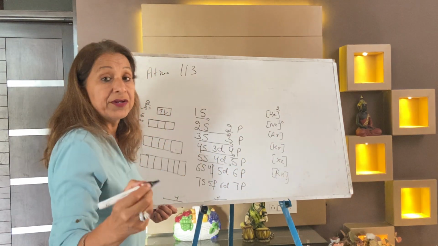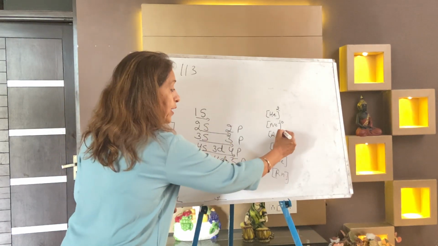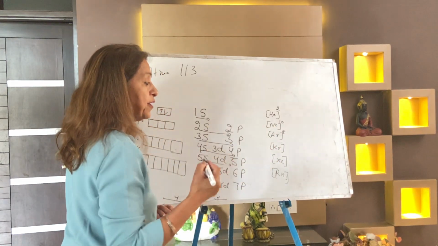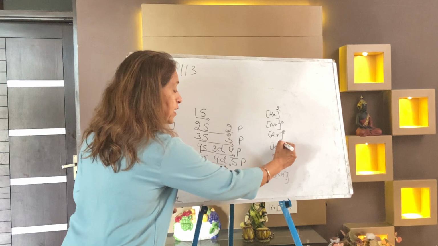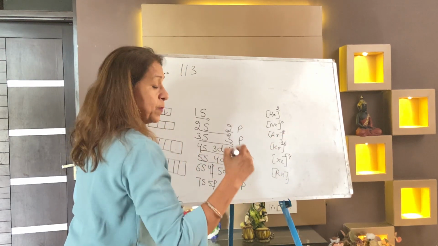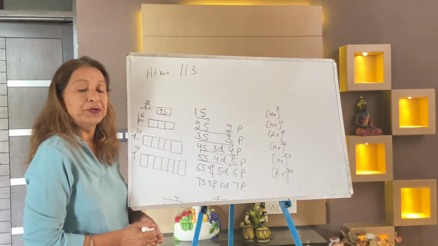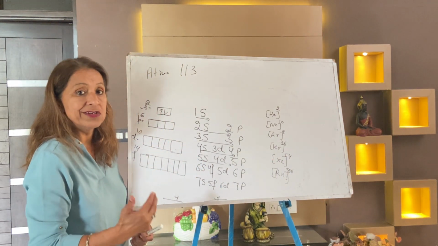Adopt the 2, 8, 8, 18, 18, 32 rule: 2 plus 8, 10, 10 plus 8, 18, 18 plus 18, 36, 36 plus 18, 54, 54 plus 32 is 86. It is the 9th class rule.